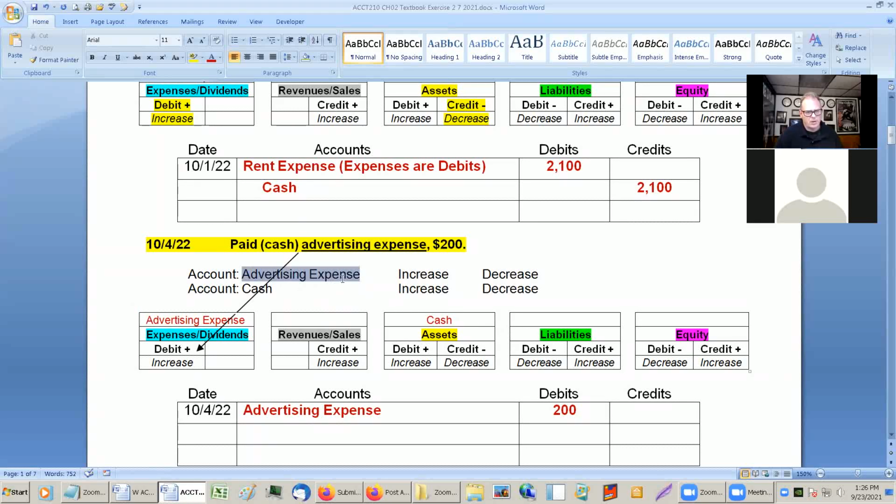Yeah, so this would be advertising expense, which we've actually already done. So this is increasing. We paid this, or we're paying money out, so cash is going to go down. All right.